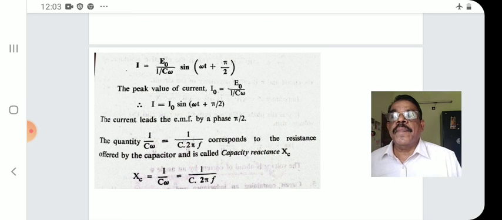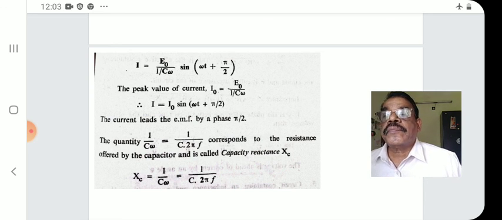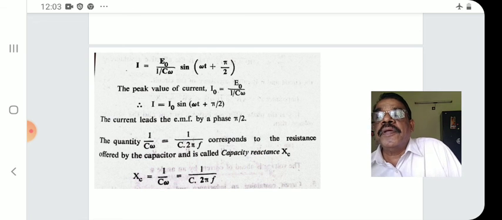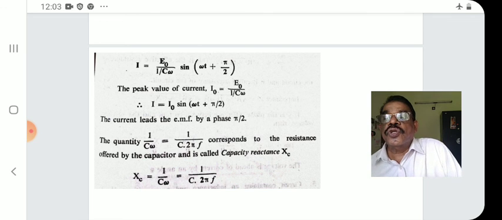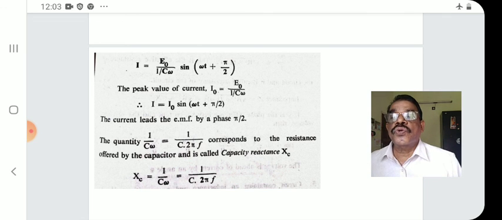The peak value of current is I0 equals E0 by 1 by C omega. So the equation becomes I is I0 sin omega t plus pi by 2.